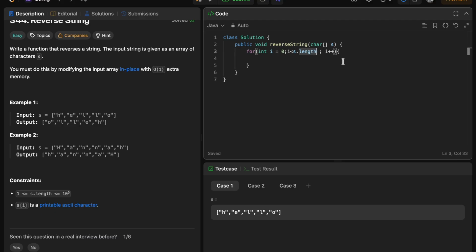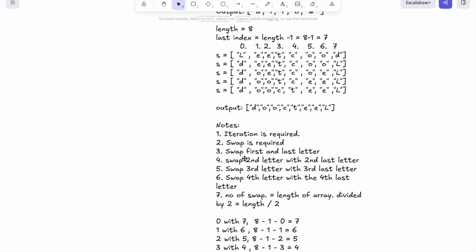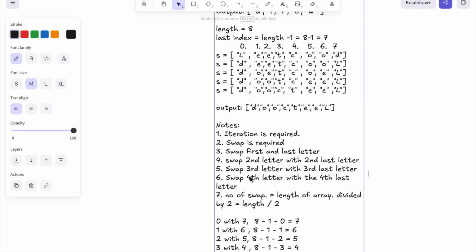So we need to do it for half of the length, right? So for a length of 8 we need to do it 4 times. So 8 by 2, we need to do it 4 times, right? So 0, 1, 2, 3, right? That's 4 times.